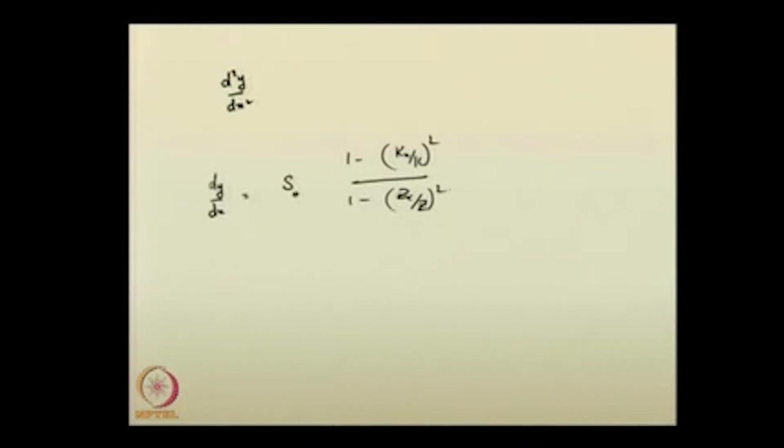You take any arbitrary dimension channel, or for example, a rectangular channel. You substitute the conveyance factors and section factors for the rectangular channel, substitute that here, and differentiate again with respect to x. What is the quantity you are going to get? You can do it as homework and let us see that.